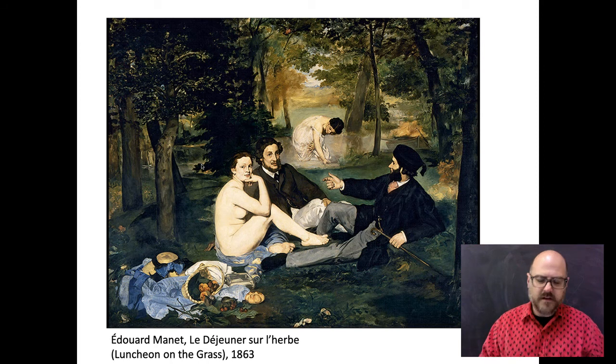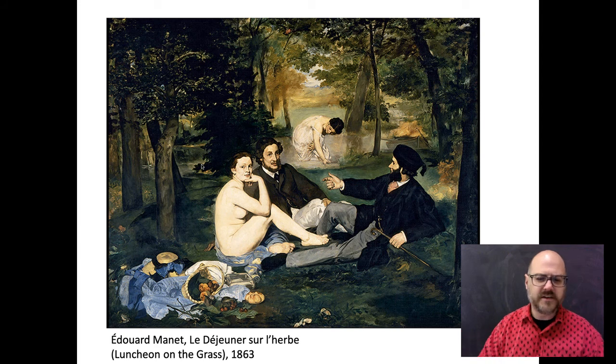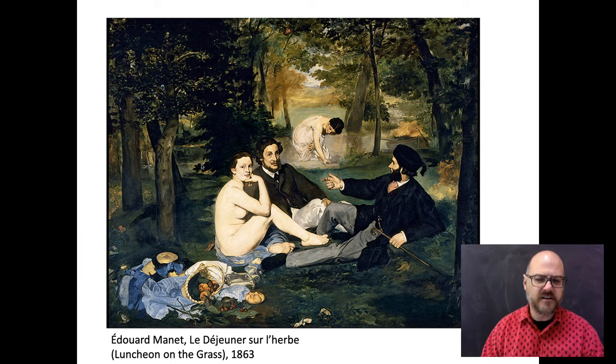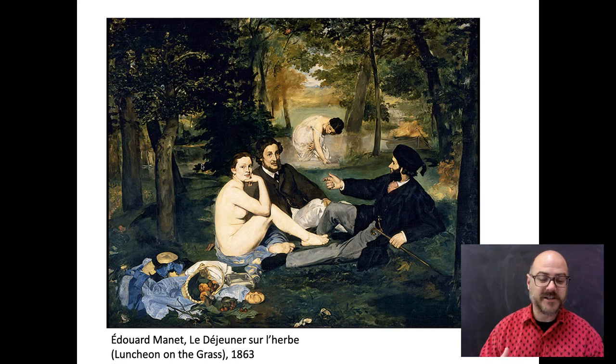And since there were so many complaints that there were as many pieces not in the show as in the show, he created a new exhibition called the Salon des Refusés, which is like the salon of the refused, the salon of the pieces that did not get into the salon. What's interesting about that is more people went to see the Salon des Refusés because they wanted to see the stuff that didn't get in, that wasn't good enough, or that was shocking.